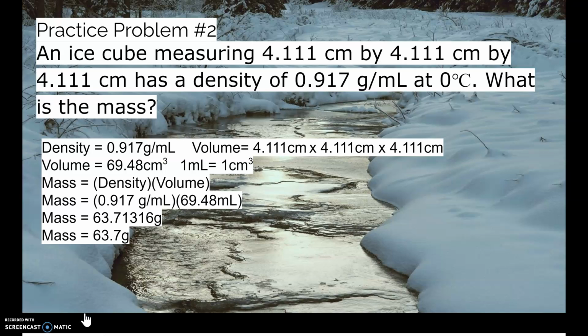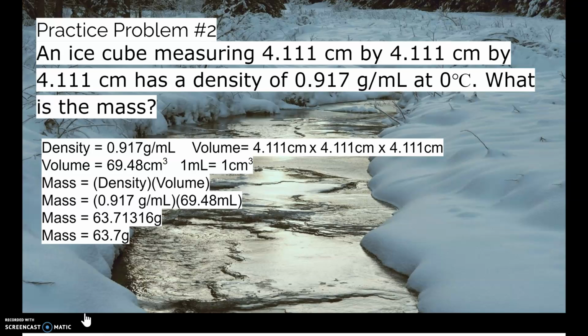Practice problem number 2. An ice cube measuring 4.111 centimeters by 4.111 centimeters by 4.111 centimeters has a density of 0.917 grams per milliliter at 0 degrees Celsius. What is the mass? Very well, we identify the variables first. Density is equal to 0.917 grams per mil.